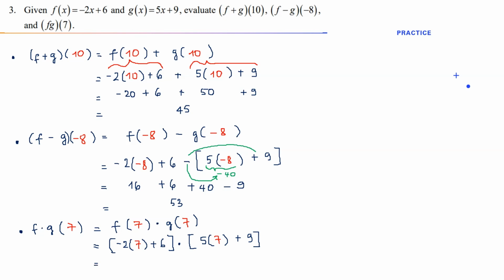Now we evaluate inside each bracket. That will be -14 plus 6, that is -8. Multiply by 5 times 7, 35, plus 9, that would be 44.